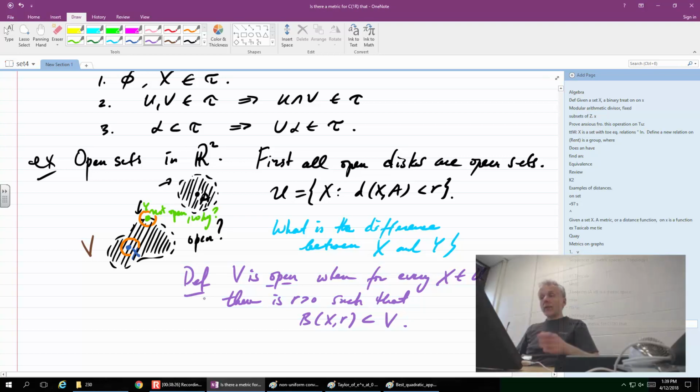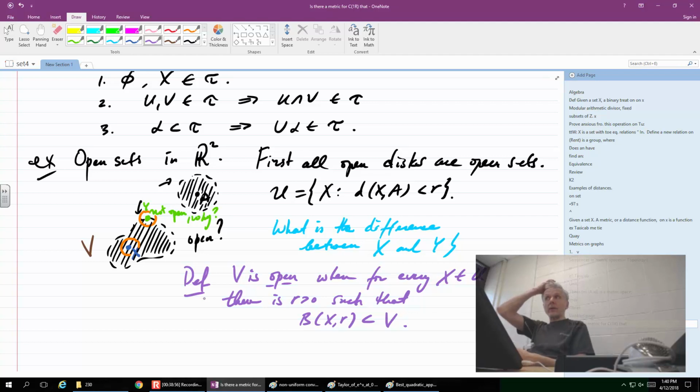As you can see, the way it is written, it has nothing to do with disks. You can think about whatever metric space you pick. It will still work, because in a metric space we have distances, we have disks or balls, and then we can have this definition of open set. So it certainly applies to all Euclidean spaces: two-dimensional Euclidean space where we use disks, a three-dimensional ball, one-dimensional intervals, and so on.